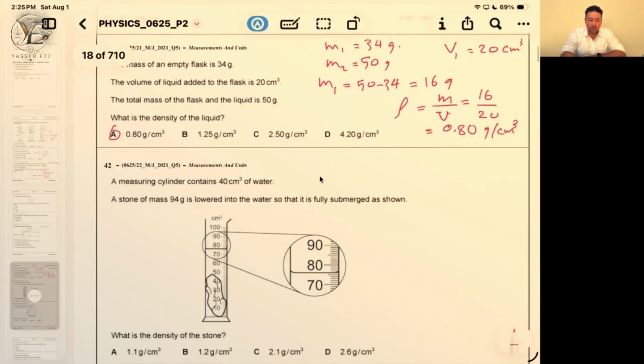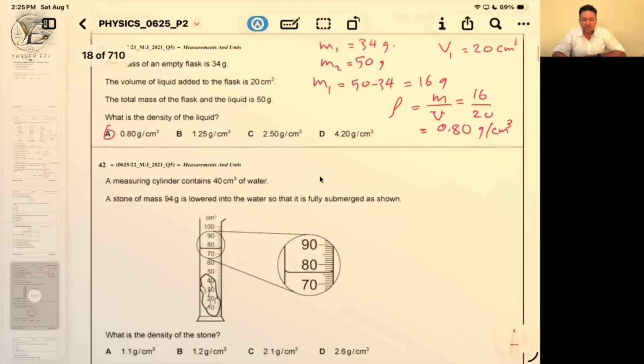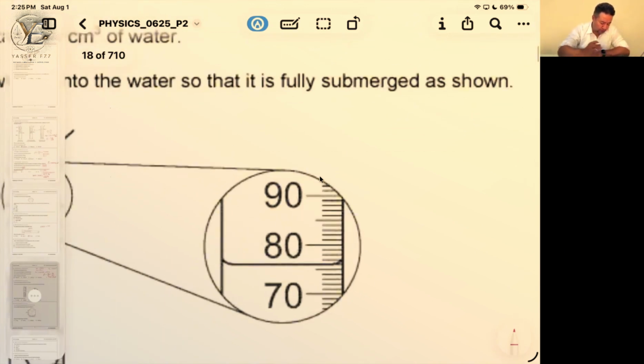Let's move to question number 42. A measuring cylinder contains 40 centimeter cube of water. A stone of mass 94 grams is lowered into the water so that it is fully submerged as shown. What is the density of the stone? So we need to find the new volume. I'm going to magnify the drawing here. We have 70 and we have 80 and we have 10 divisions.